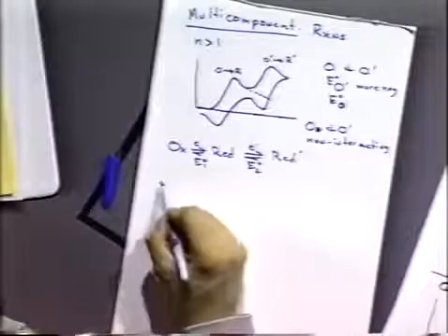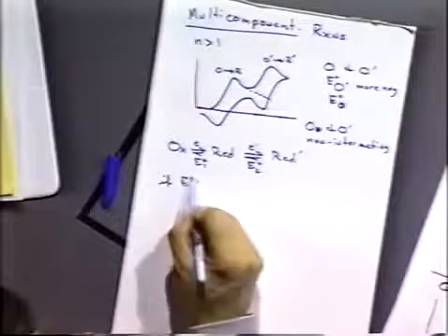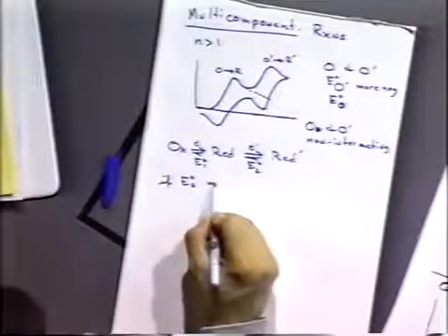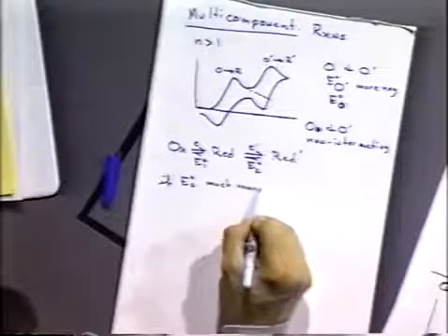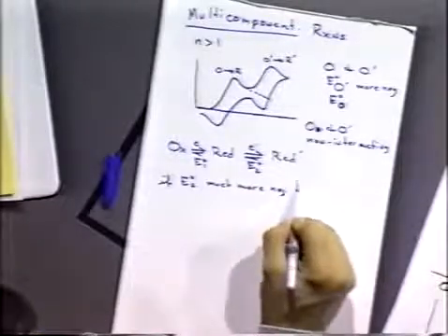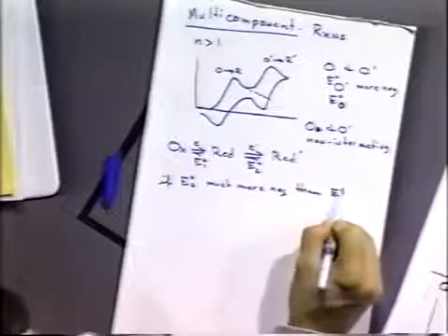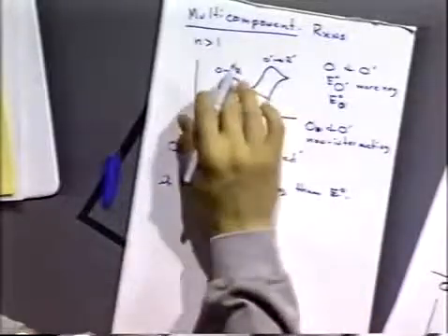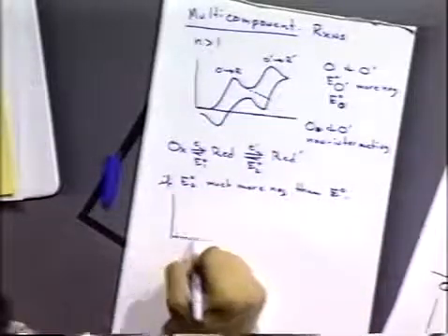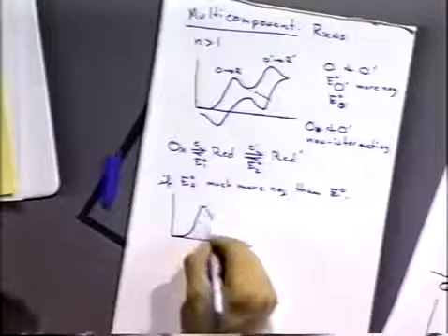If E02 is much more negative than E01, essentially we get the same type of curves as we saw previously. We'd see two separate waves.